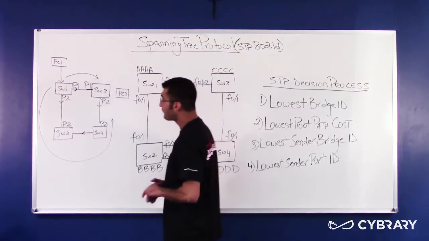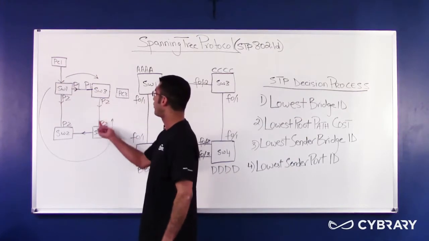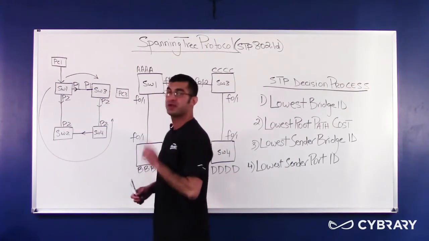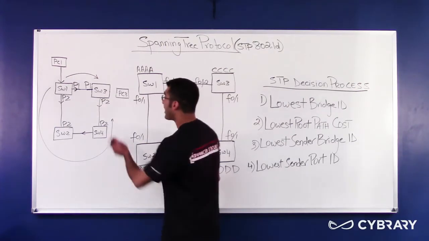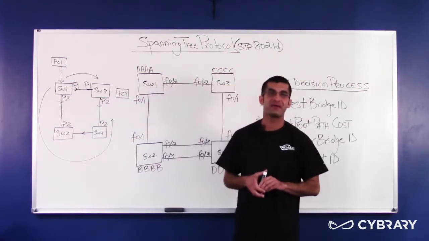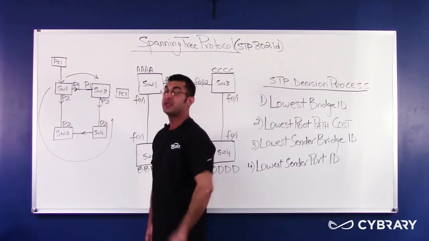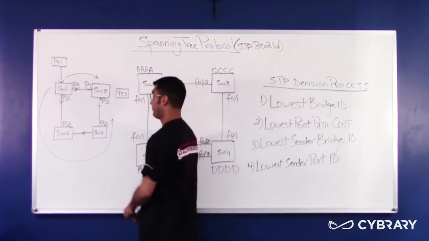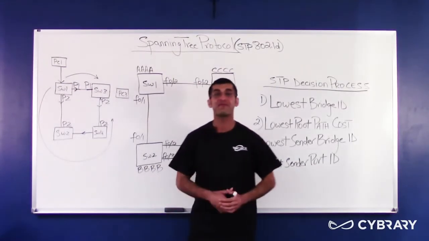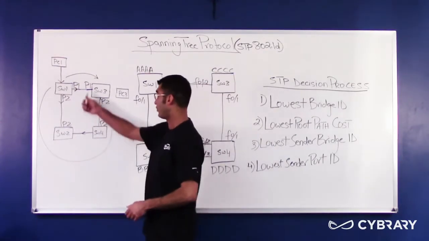Immediately after, the other frame that switch 1 sent out port 2 arrives at switch 3 port 2 after looping around the network, and switch 3 learns that, no, PC1 is available out port 2. So switch 3 modifies its MAC address table to reflect that PC1 is available out port 2. Immediately after, the frame looping in the counterclockwise direction arrives, and switch 3 again modifies its MAC address table and says, PC1 is available out of port 1.